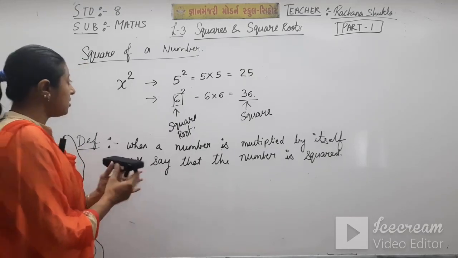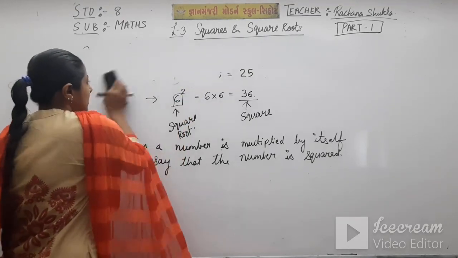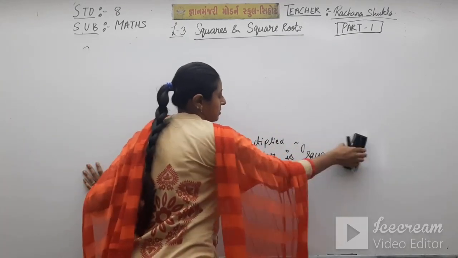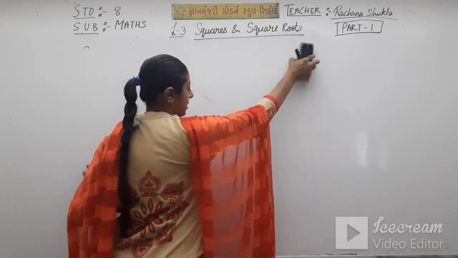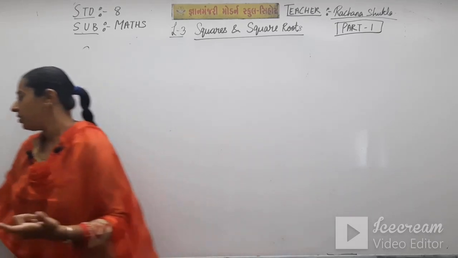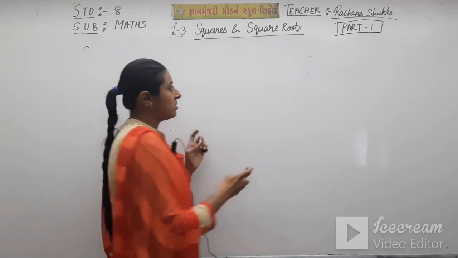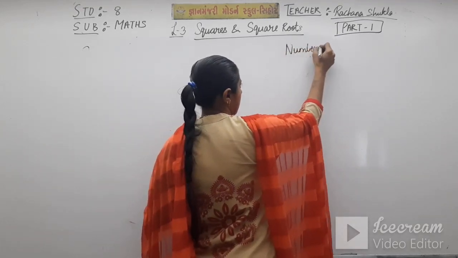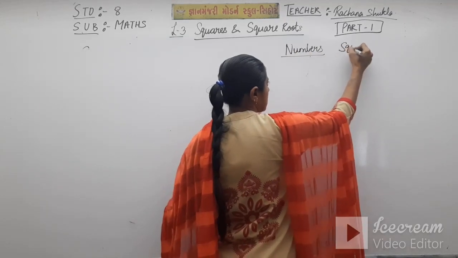The next topic that I am going to start is the numbers and the squares. The table. That table also you will form in your fair book. The numbers and squares.